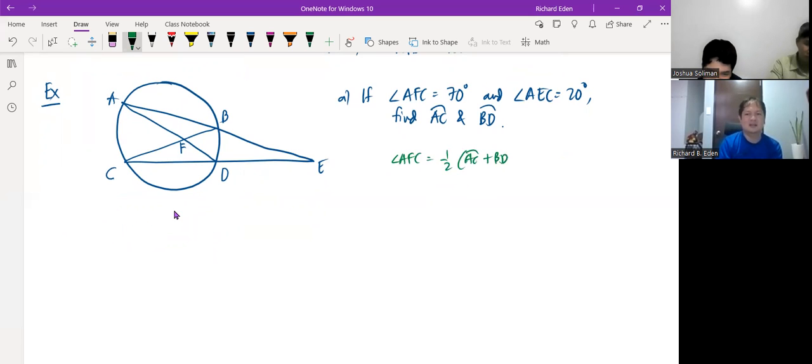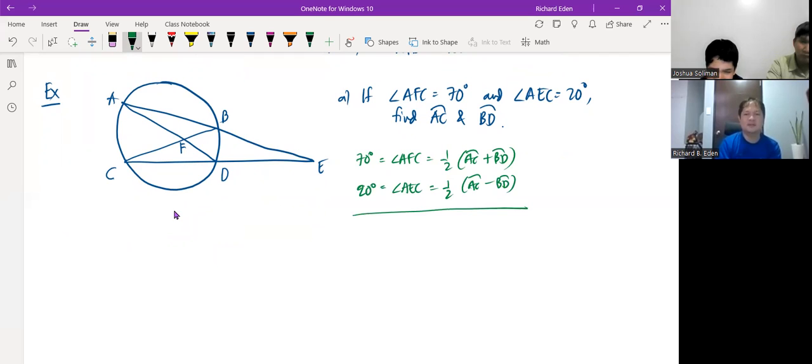So adding them together, 90 is equal to one half of 2 AC. Ah, it makes sense. So 90 is equal to AC.